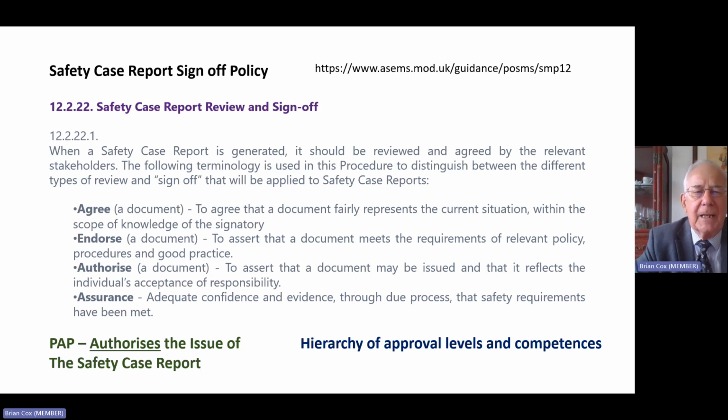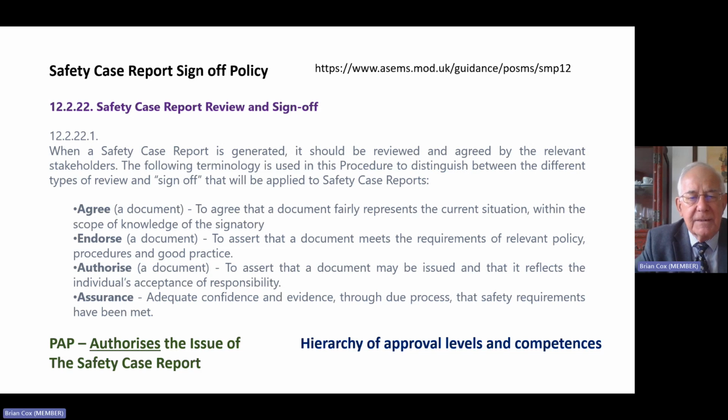This is actually from the MOD safety case site. It's about when you come to the end of having prepared your safety case report and other documents which you're going to submit to the building safety regulator, it's about review and sign off. So the PAP probably at the end is the one who authorizes the issue of the safety case report.